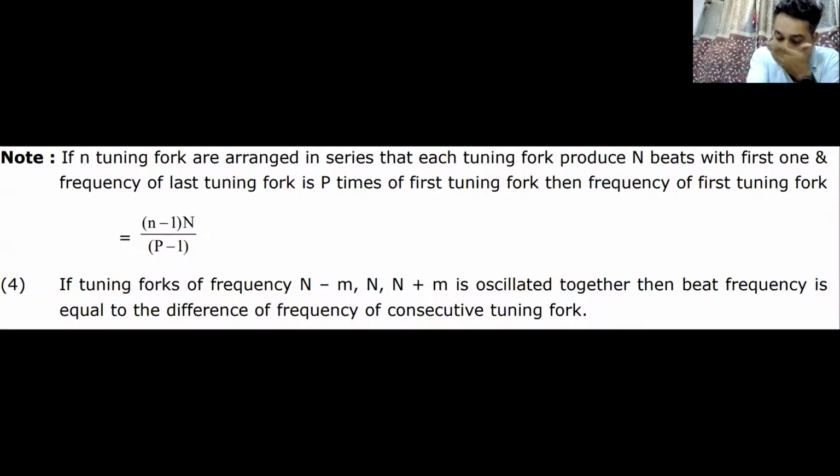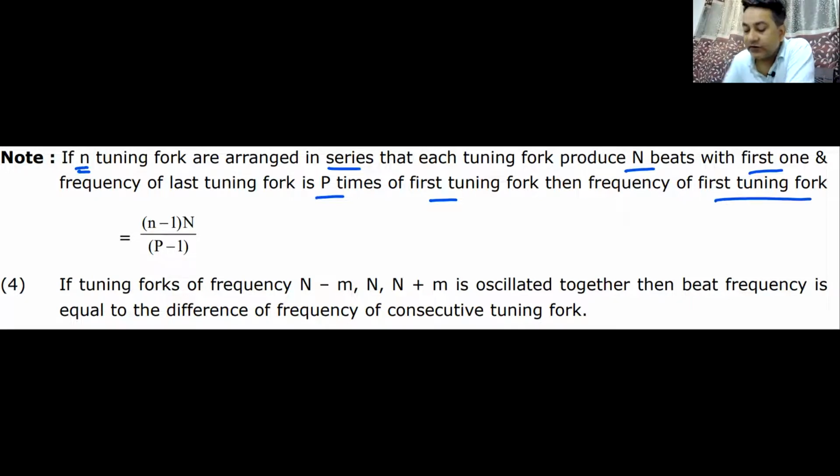Okay, then we move ahead, and these are the two important points that you must note. I've seen questions of this kind coming in your exam. If n tuning forks are arranged in series, remember n is not the beat frequency, such that each tuning fork produces capital N beats with the first one, and the last tuning fork is P times the first tuning fork, then the frequency of the first tuning fork, this is simply maths.